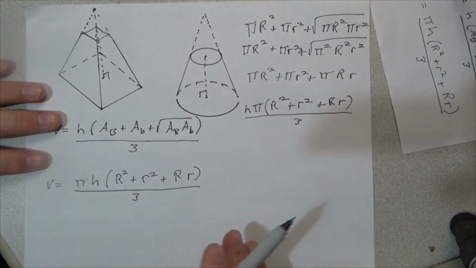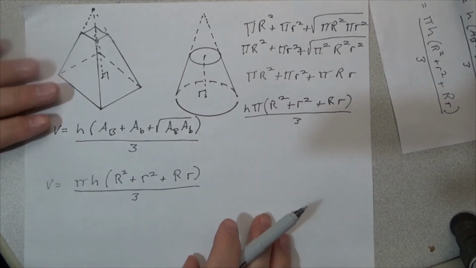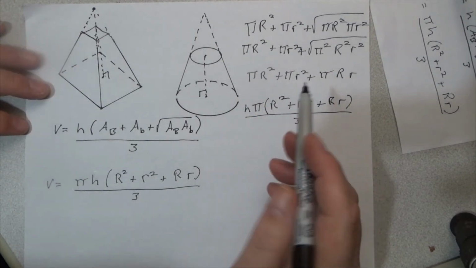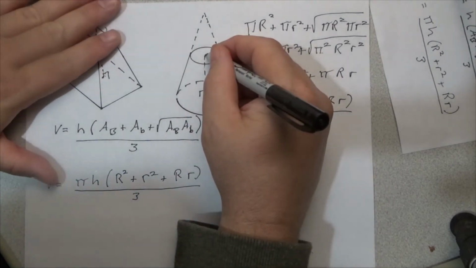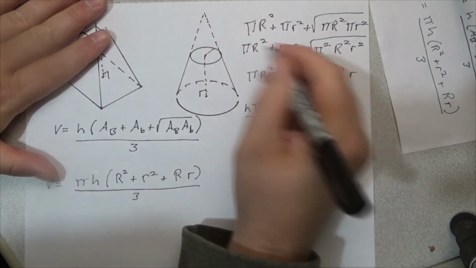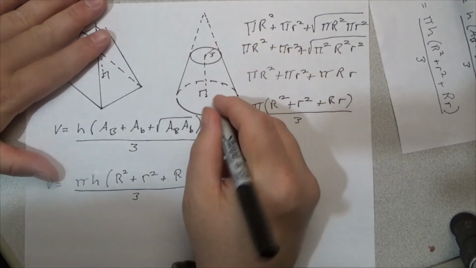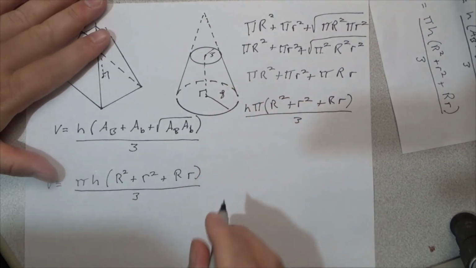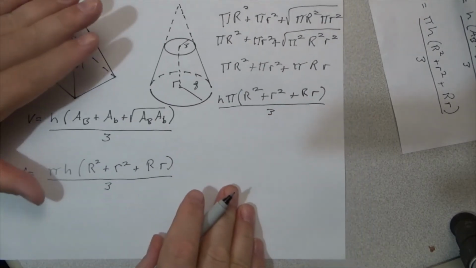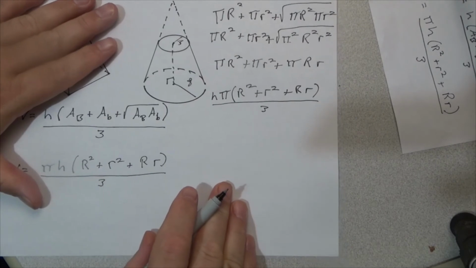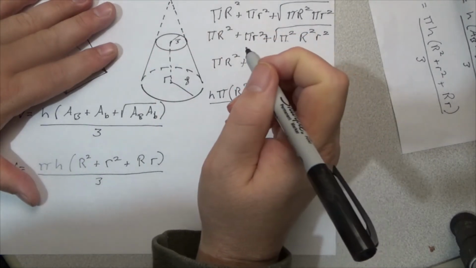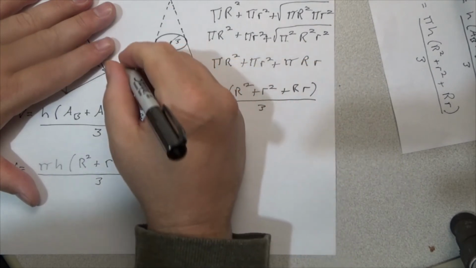All right? So let's find the volume of this one right here. So let's say that the little radius is 3 and the big radius is 8. So let's put these numbers in here and find out what that volume is. Oh, and the height. I have to have the height. Let's give that a 10.